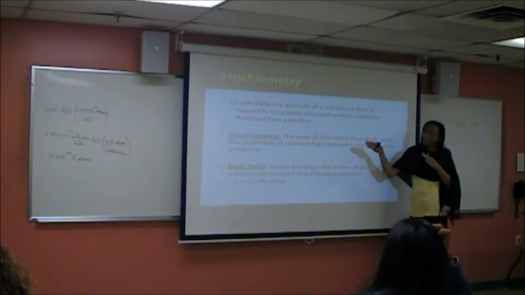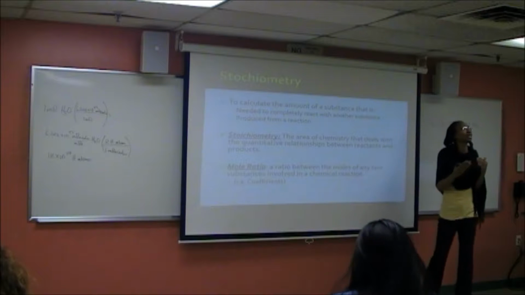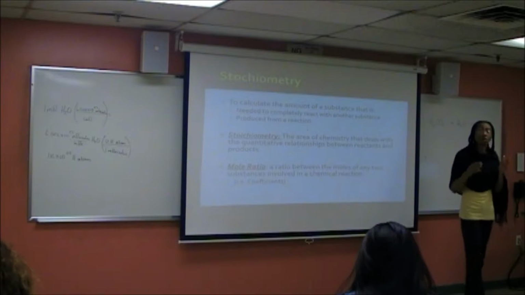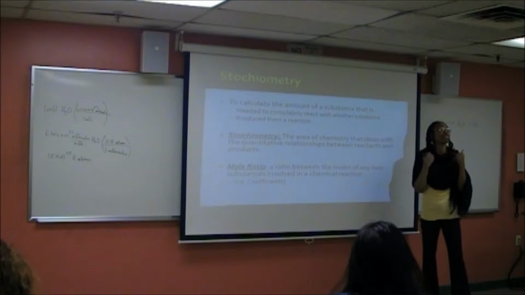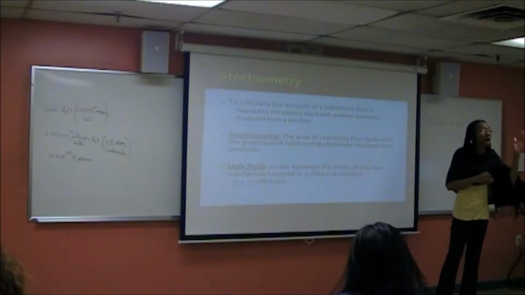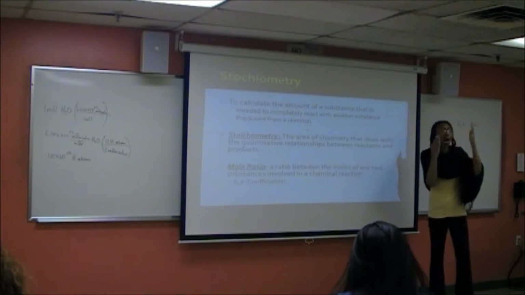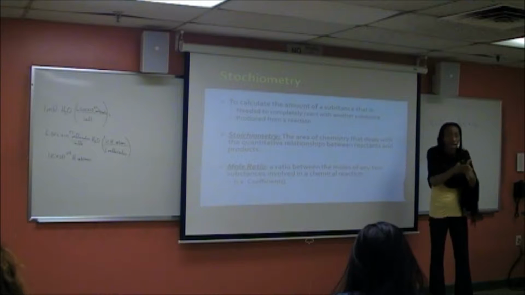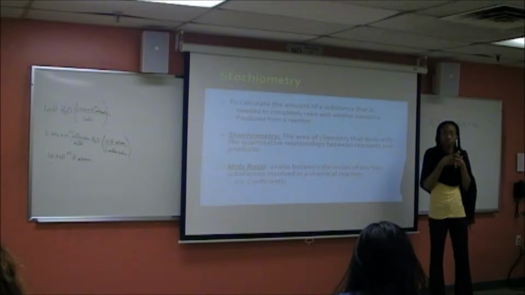Now, your mole ratio for your chemical equations comes from your coefficients. Your coefficients are going to tell you how much you need of each one to completely balance out the other one. Do we get that?